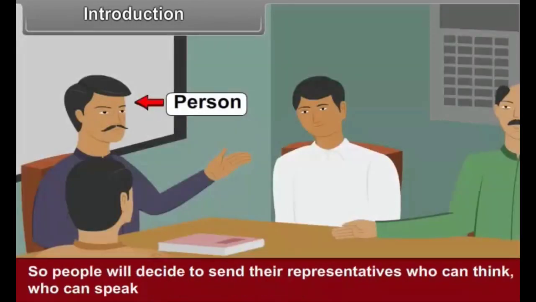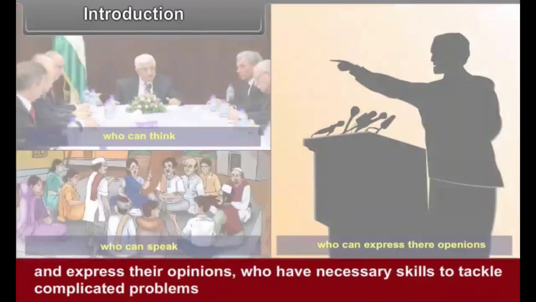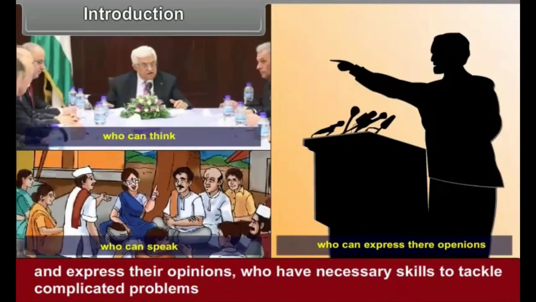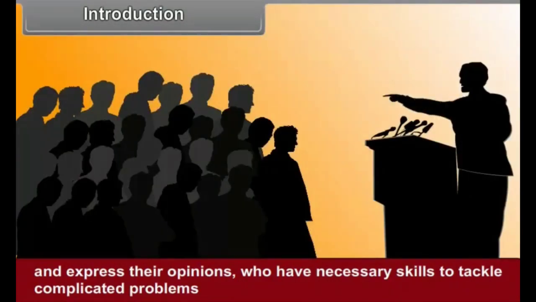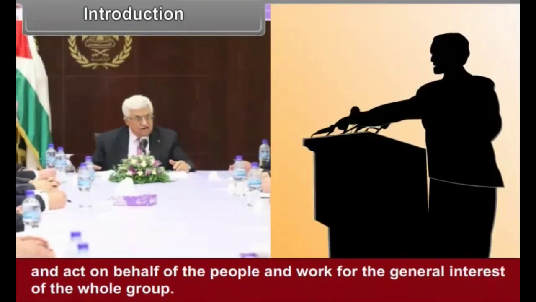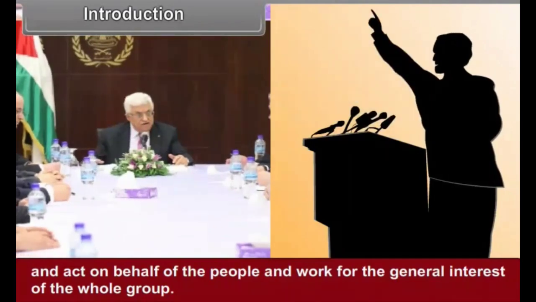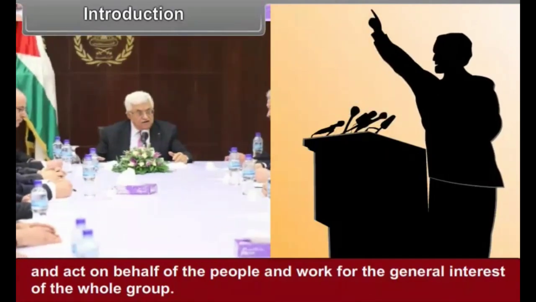So, people will decide to send their representatives who can think, who can speak and express their opinions, who have necessary skills to tackle complicated problems, and act on behalf of the people, and work for the general interests of the whole group.